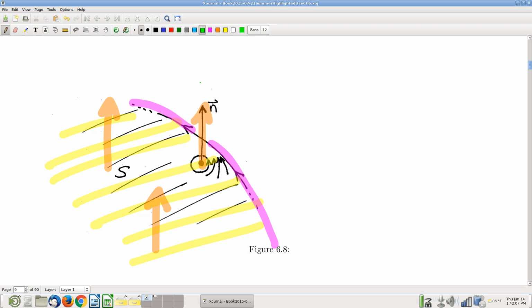Point your thumb in the direction of the normal vector. Look at which way the fingers of your right hand are curling around. Notice that creates what I would like to call a swirl. That swirl will sideswipe up against the boundary in the correct direction.